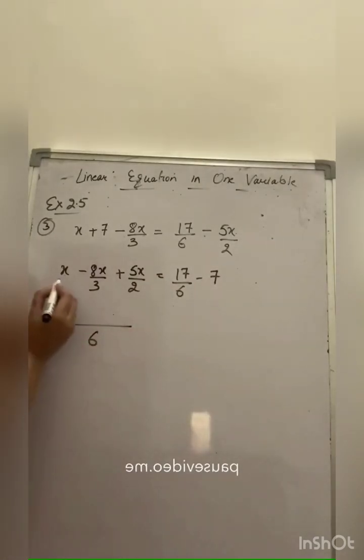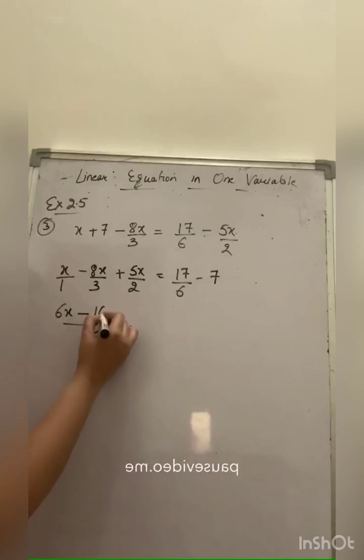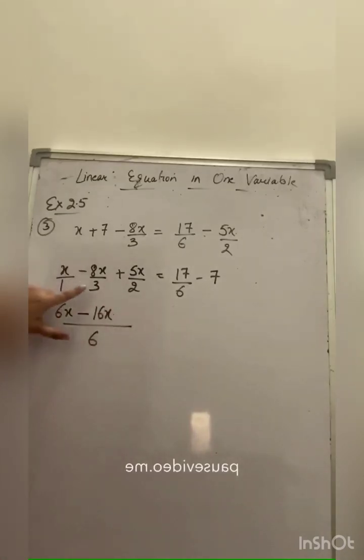LCM is 6. Here we don't have any denominator. It means the denominator is 1. 6 divided by 1 is 6. 6 into x is 6x minus. 6 divided by 3 is 2. 2 into 8x is minus 16x.